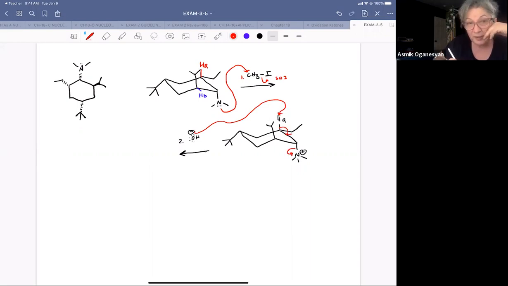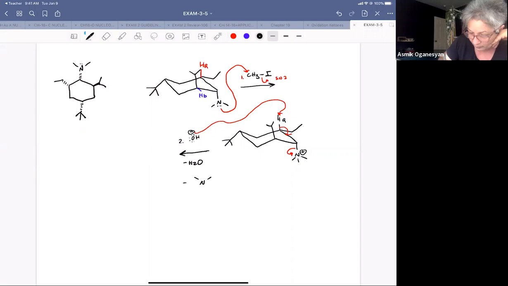And this group leaves. You guys can see that if we've changed the spatial arrangement of that one group, we still will be getting the same product as we've got in the previous case. But it will be for a different reason, and the product will be forming preferably by Hofmann elimination. Okay.